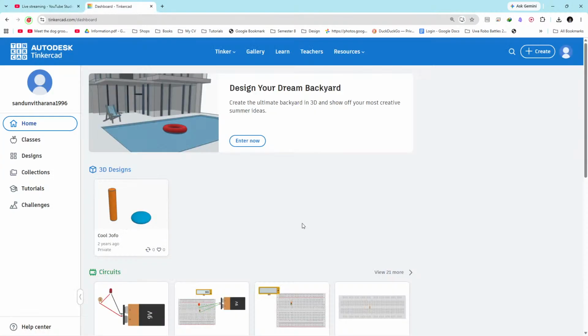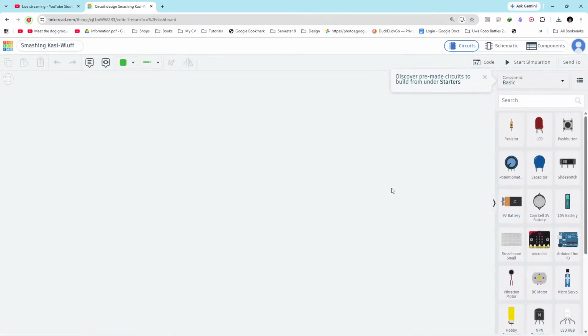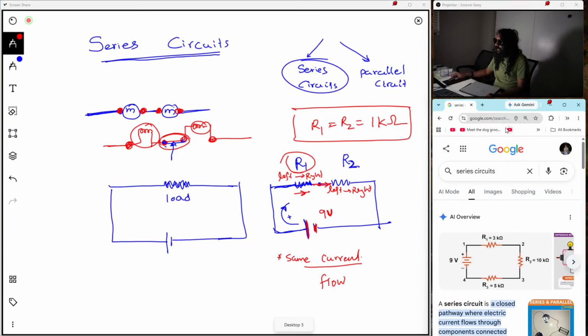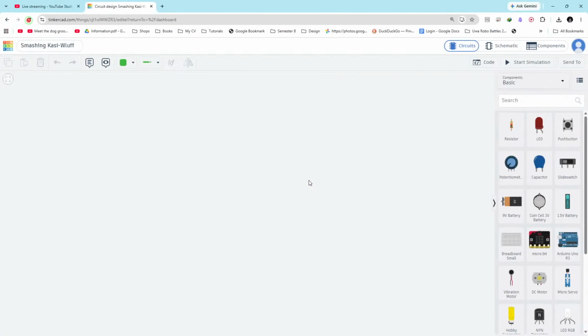All right, so here we are in the Tinkercad platform. You can click on create circuit, which will take you to the main workspace. In order for us to create this circuit, we have two resistors, therefore we need two resistors dragged to our workspace like this.